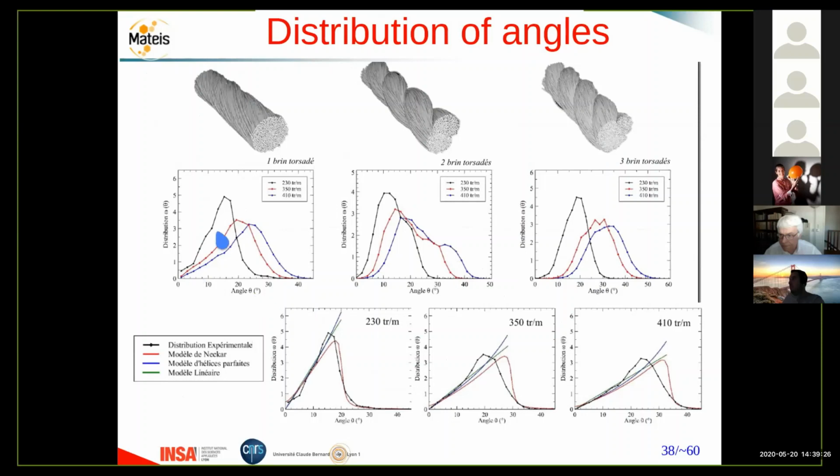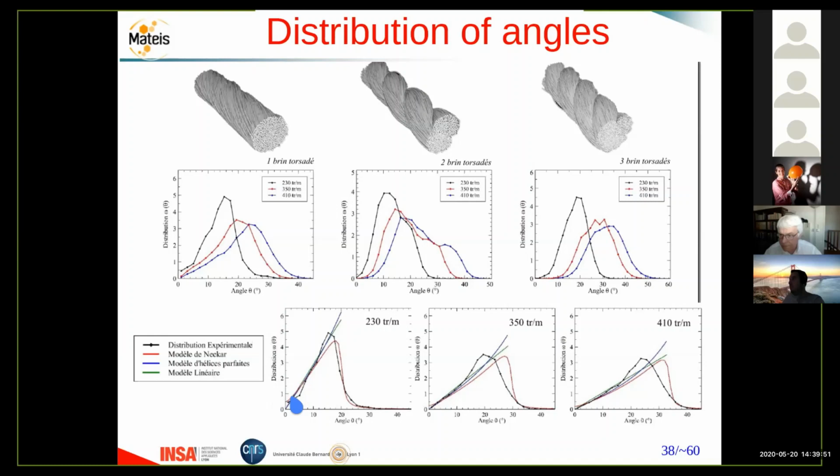So you can see the shape of this distribution, and you can see that there are 3 different curves here, because the shape of this distribution depends on the twist of the initial cable that you can also change in the machines that you use to produce these yarns. So a lot of complex analysis of the trajectories and of the distributions.